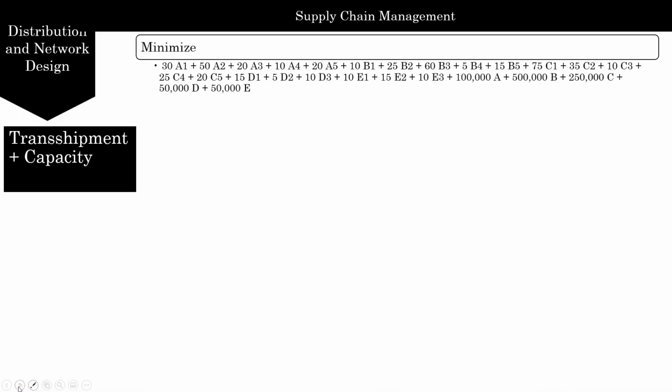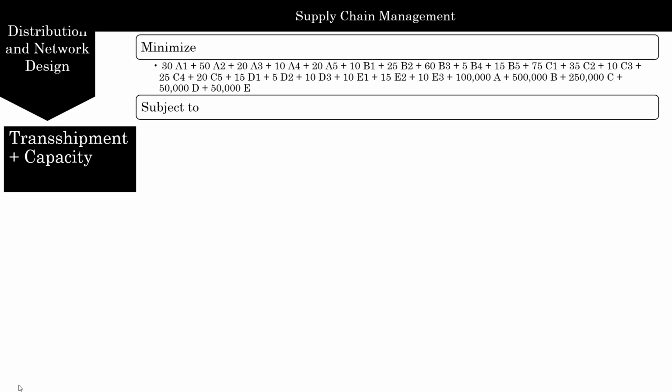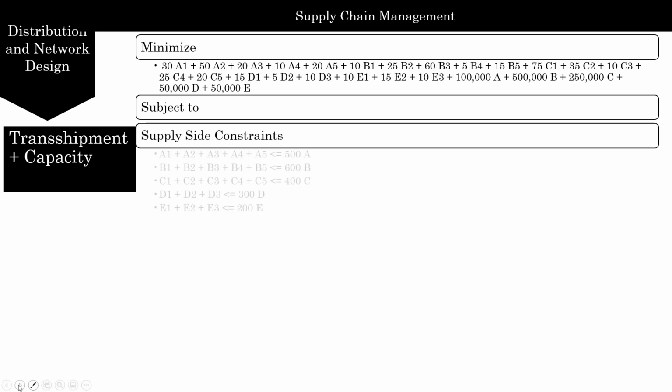And so you're minimizing your variable cost here plus your fixed cost. And then you have supply side constraints. Now remember, these factories and these warehouses have to be built before you can actually send any values.